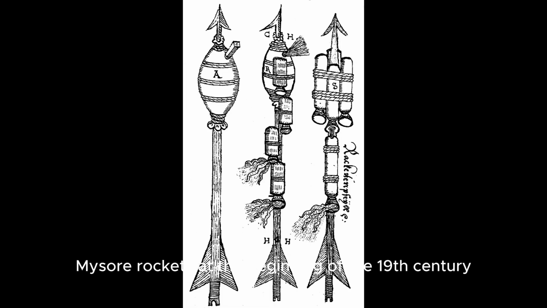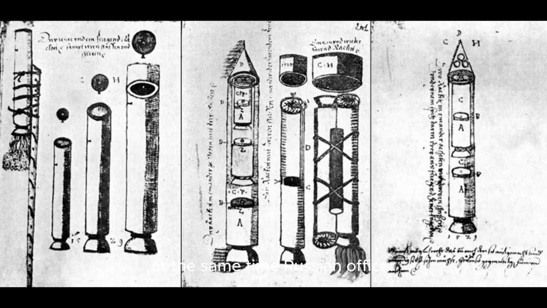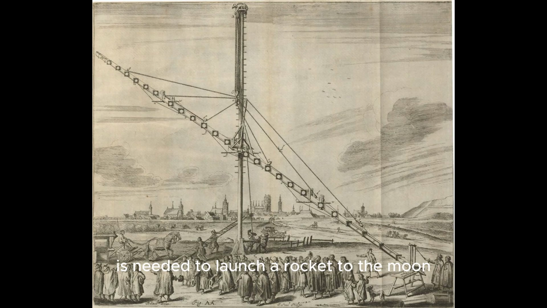At the beginning of the 19th century, the British Army also adopted combat missiles, the production of which was established by William Congreve, the Congreve rocket. At the same time, Russian officer Alexander Zasyadko was developing a theory of missiles. In particular, he tried to calculate how much gunpowder is needed to launch a rocket to the moon.